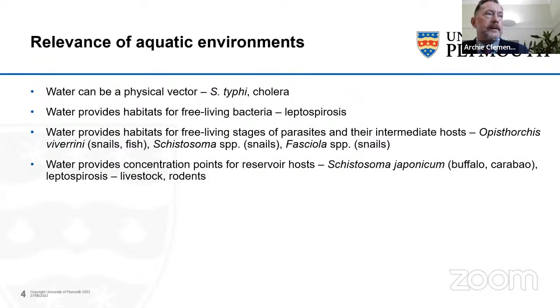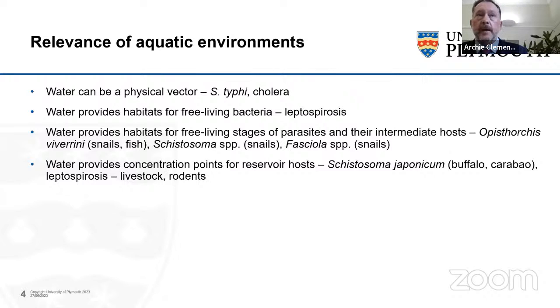Water can also provide concentration points for reservoir hosts. If we look at Schistosoma japonicum, a major reservoir host in Asia is the buffalo, or the carabao. These buffalo are attracted to water. They spend part of their life in water. They defecate in water, and because they're much bigger animals than humans, they are a major driver of the transmission cycle.